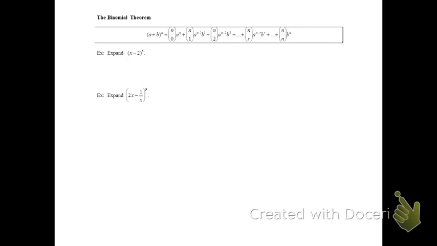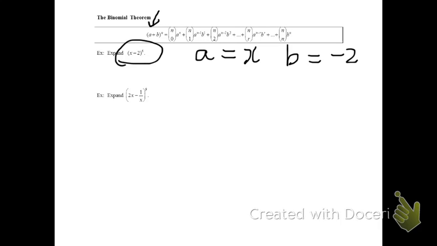So what helps, I think, is if you first take a look at your binomial and you say, okay, well then a in this case is going to be x, and b is going to be negative 2. Because if you look at the pattern there, it's plus whatever b is, and in this case b is negative 2. So I'm just going to do this expansion down here. So starting with the first term, the degree is 6, so it'll be 6 choose 0, that's our first term.